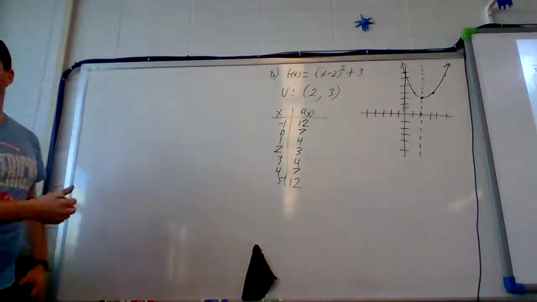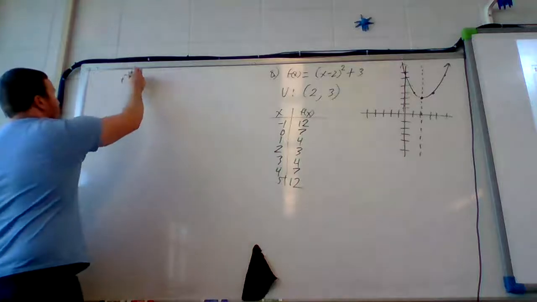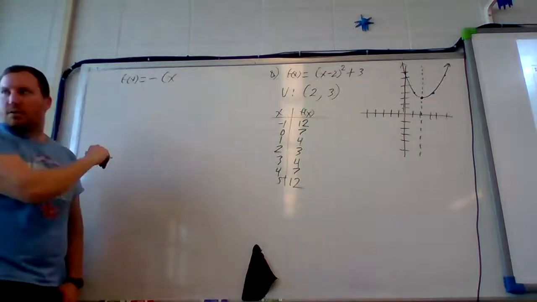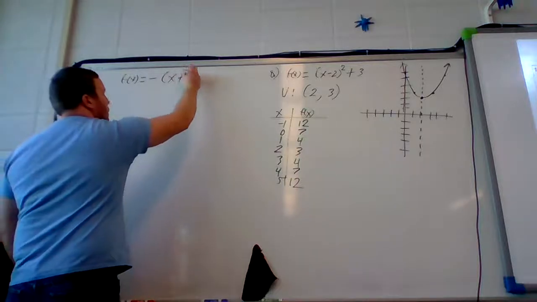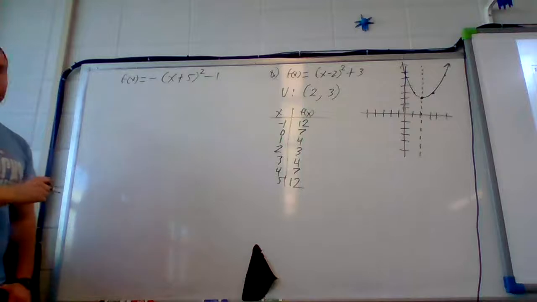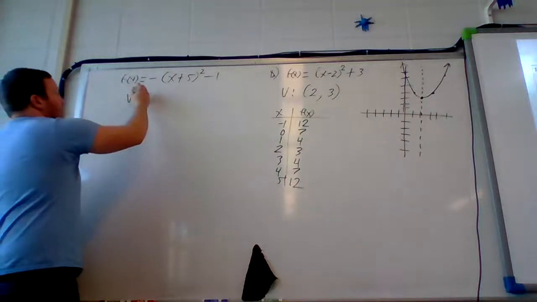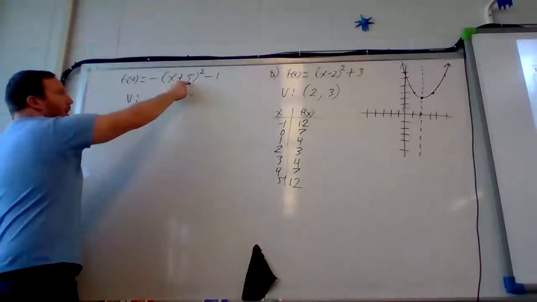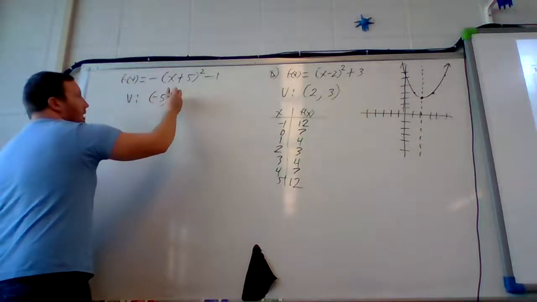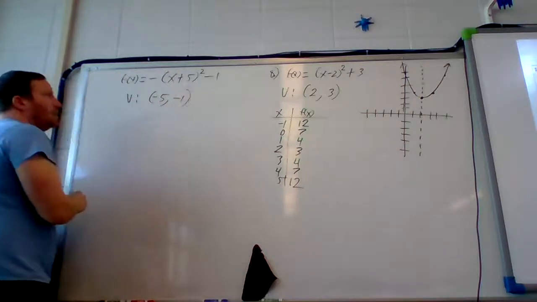So we have f of x equals negative x plus 5, that quantity squared, minus 1. So again, our vertex is at the point opposite h, so -5, and our k value is the same, -1.